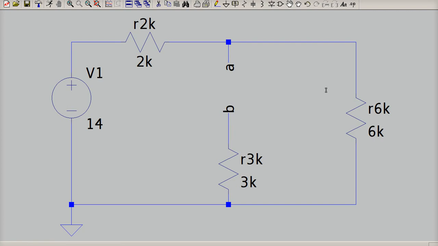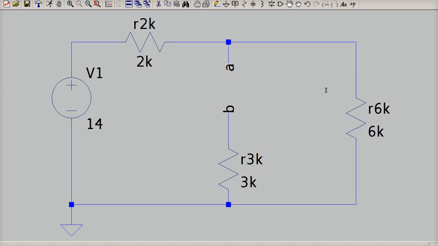Then your Thevenin voltage for your Thevenin circuit would be the voltage you measure in this condition between A and B. So from a circuit analysis standpoint, if you did the circuit analysis on this circuit, whatever you would get for a voltage measured between A and B would be your Thevenin voltage.